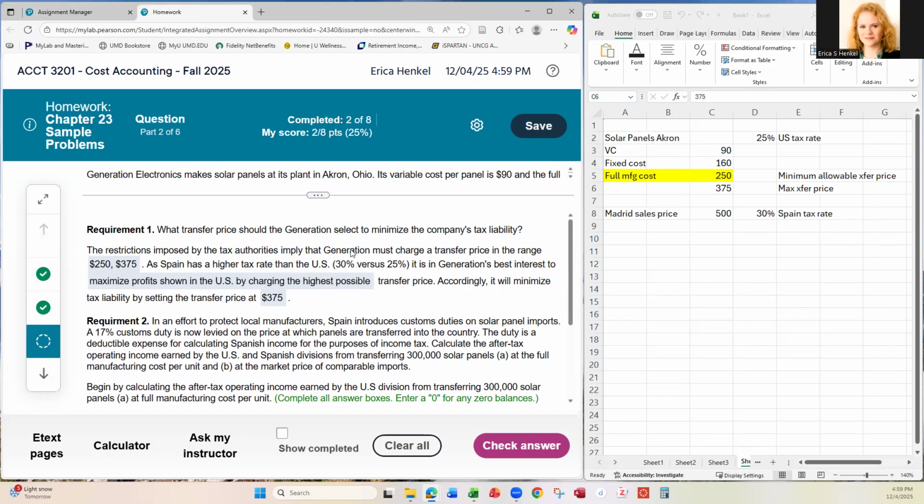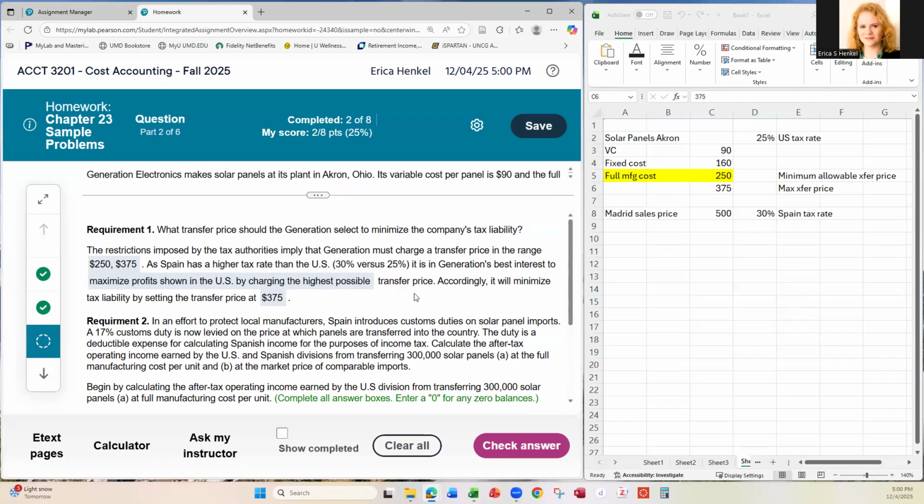Okay, now, in an effort to protect local manufacturers, Spain introduces customs duties on solar panel imports. A 17% customs duty is now levied on the price at which panels are transferred into the country. The duty is a deductible expense for calculating Spanish income for the purposes of income tax.